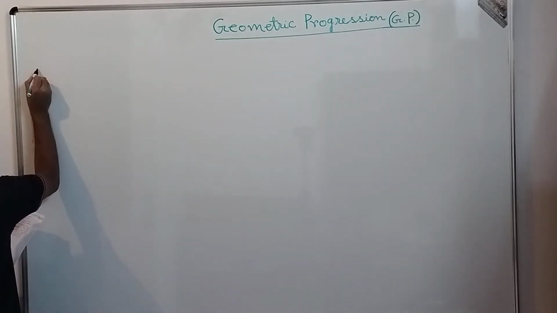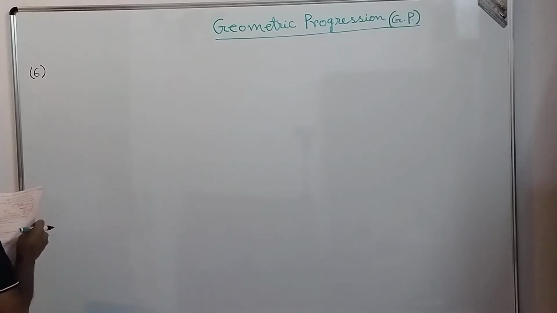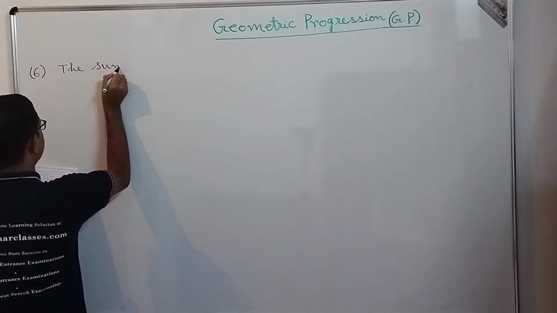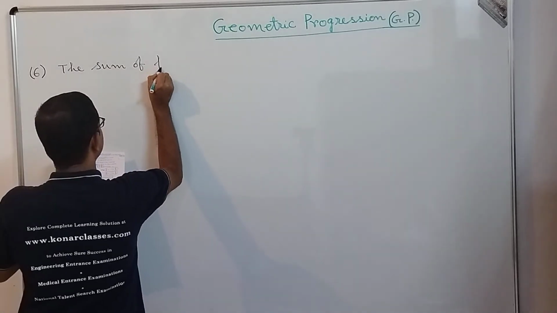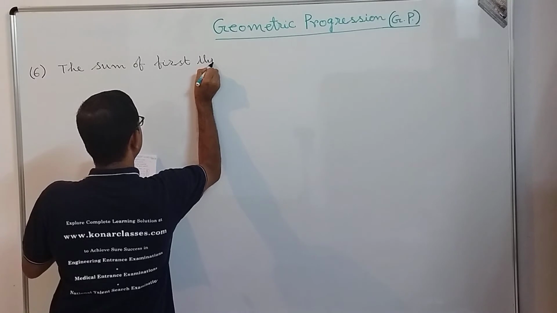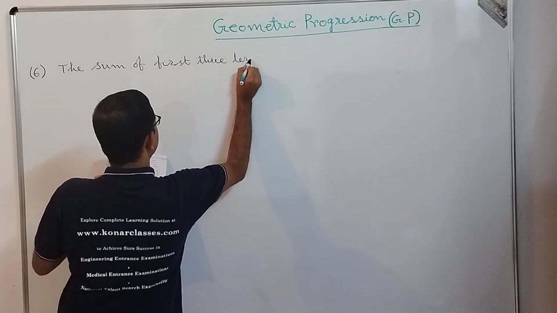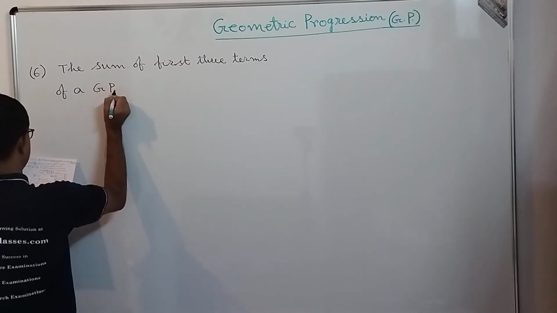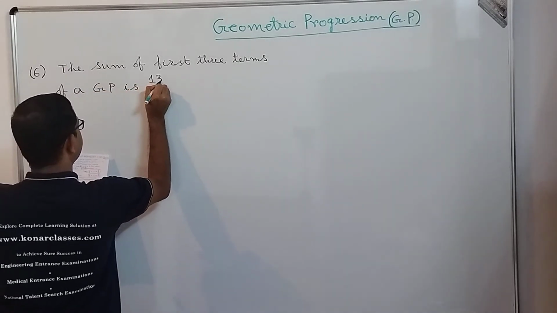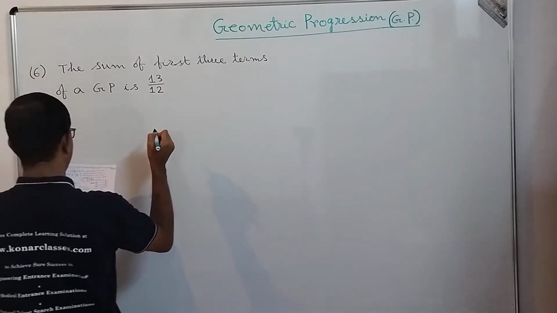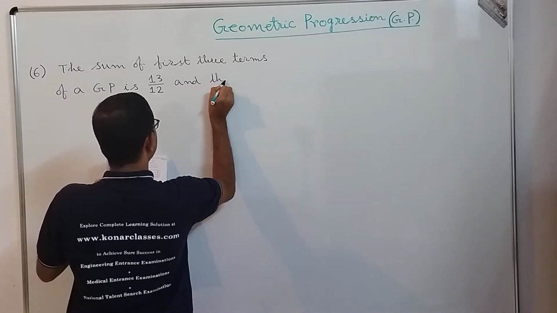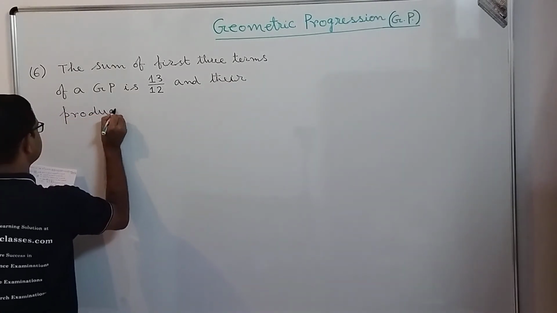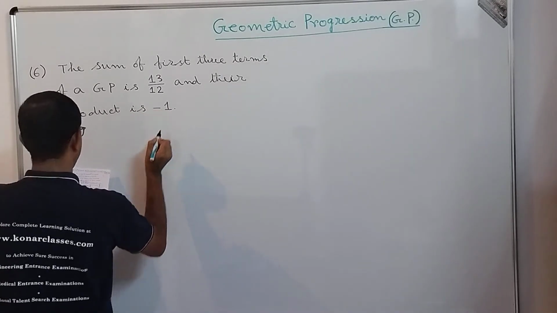So question number 6, let me write it here, dear students. The question is: the sum of the first 3 terms of a GP is 13 by 12, and their product is -1.